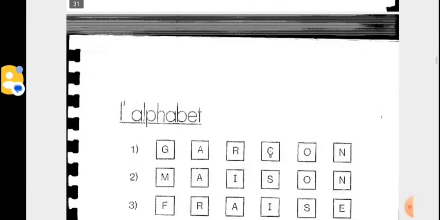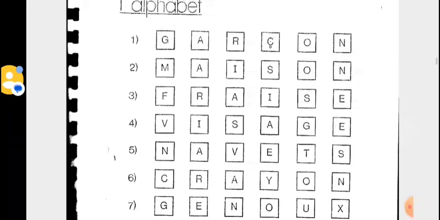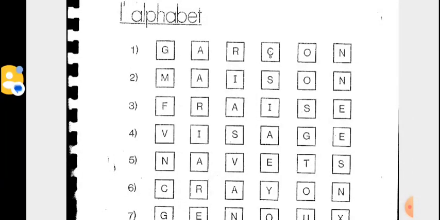And that's going to be a very brief exercise, after which we'll move on to the next page again, where we shall still be talking about l'alphabet, but this time around we have some words, as you can see here, written in each box, and you'll be tasked with reading them out, and identifying how many syllables the words have. And obviously, we're equally going to get the meaning of those words in French.